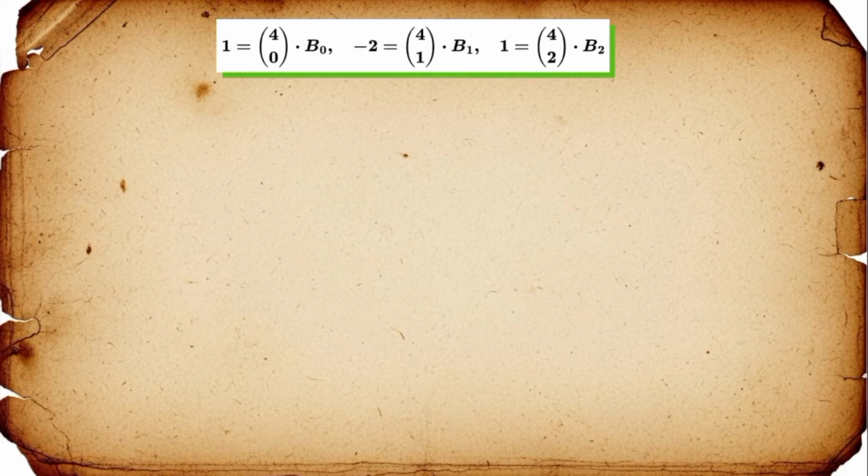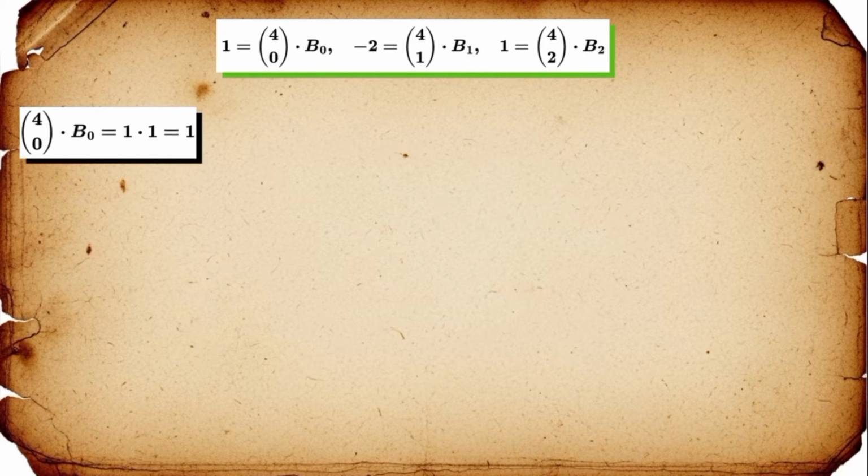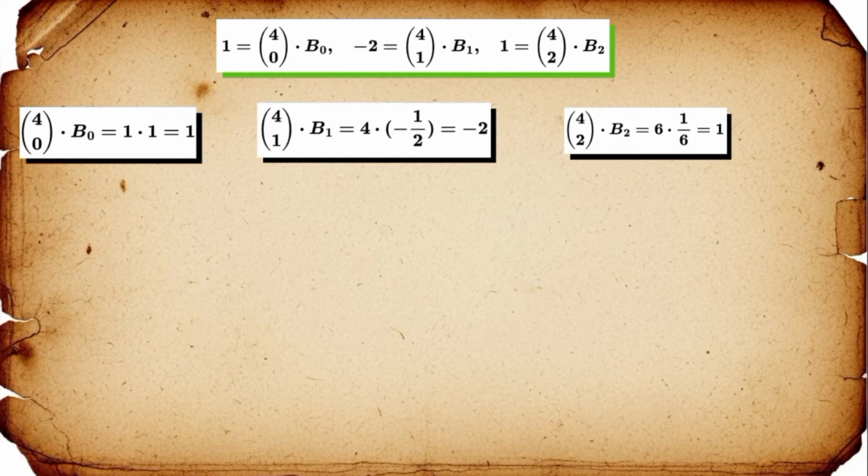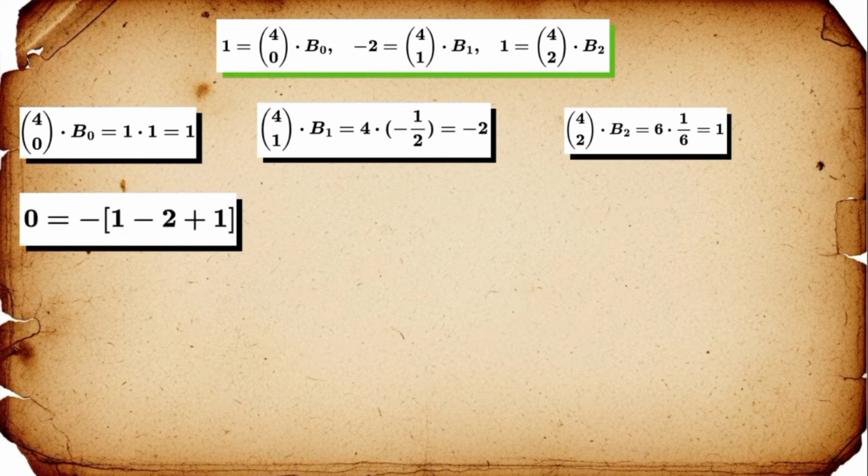Let's verify this. 4 choose 0 times b sub 0 equals 1 times 1 equals 1. 4 choose 1 times b sub 1 equals 4 times negative 1/2 equals negative 2. 4 choose 2 times b sub 2 equals 6 times 1/6 equals 1. These verifications are shown. Our equation was 0 equals negative the quantity 1 minus 2 plus 1.